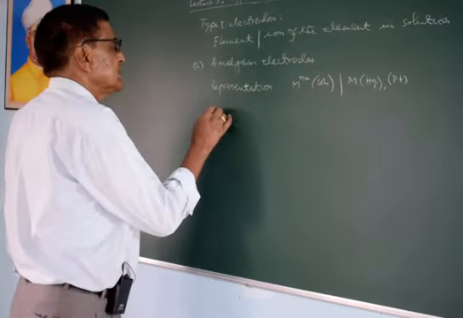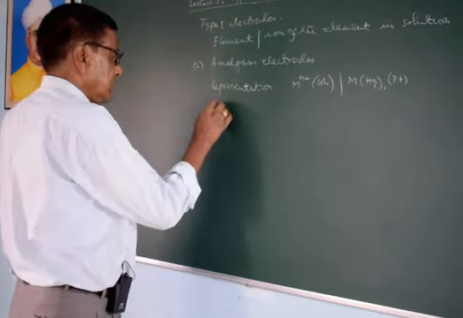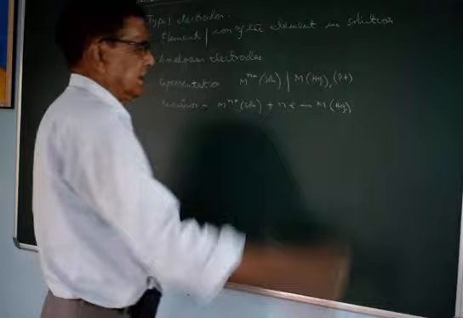In this case the reaction is M^n+ plus ne giving M, with the M^n+ in solution and the M in mercury.